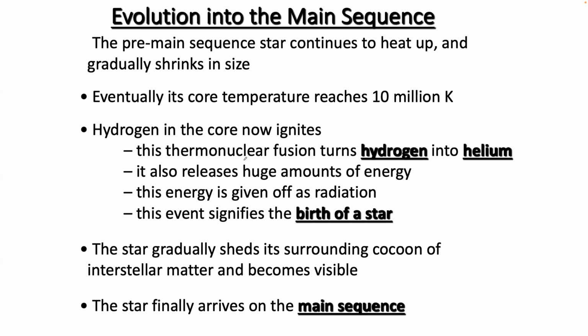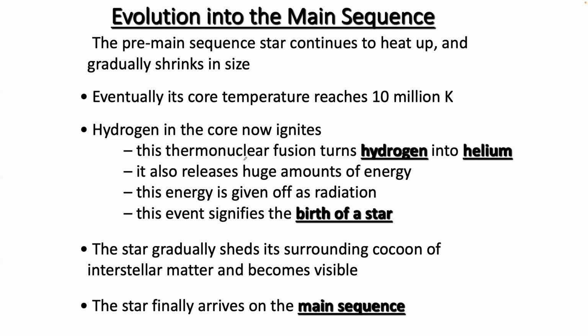So if you have learned about nuclear fusion reactions or nuclear physics, you know that this kind of higher temperature is the required temperature for hydrogen fusion. Now you have 90% hydrogen in the core, and you have the correct temperature now. Because of that, there will be a thermonuclear fusion, which will turn hydrogen into helium, right?